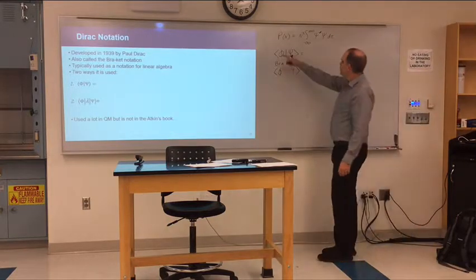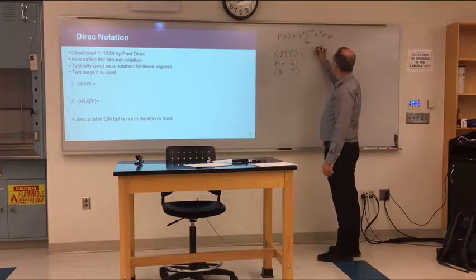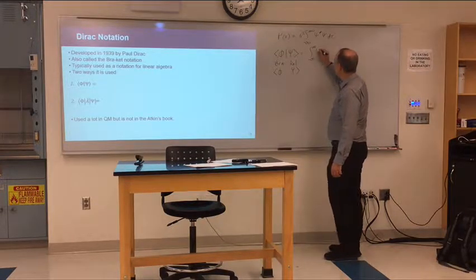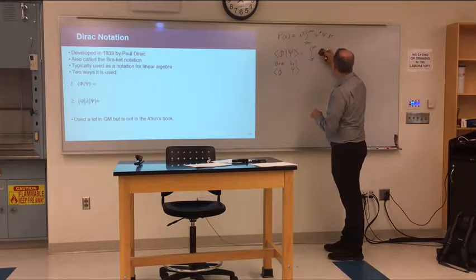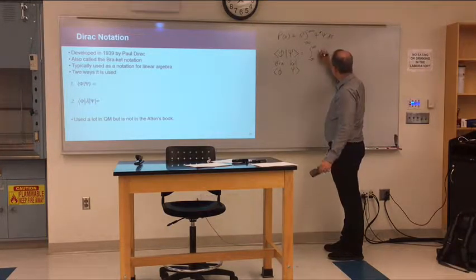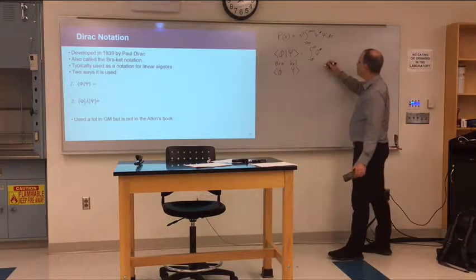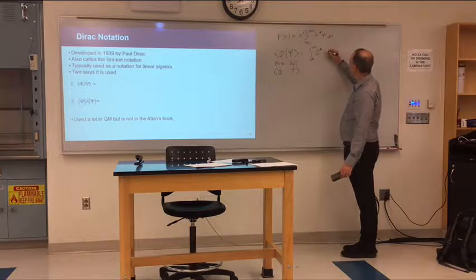Okay? So the Bra-Ket gives you the integral, we can keep writing negative infinity to infinity, of the first one, which is the complex conjugate of that function, times our other function, d tau.